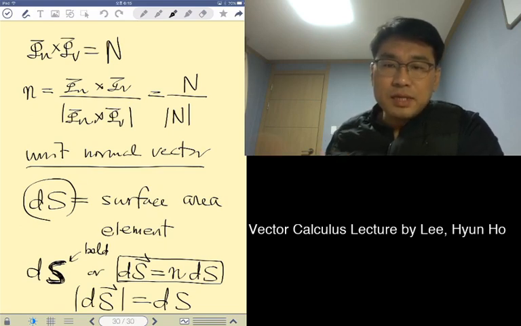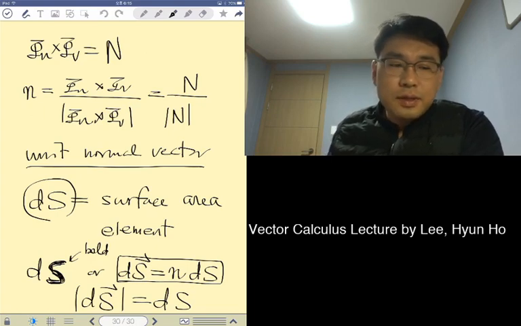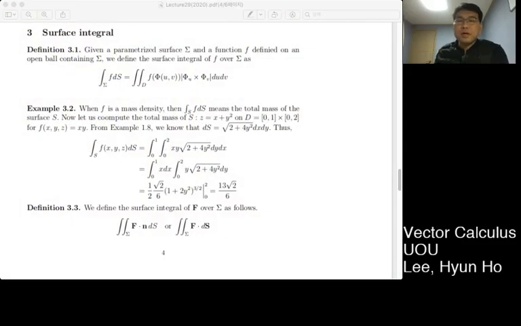Now let's come back to our notes and look at the definition of the surface integral. When you have a parameterized surface sigma and a function defined on sigma, we can define the integral of f over sigma. The notation is f dS over the surface sigma, where we only need the surface area element in this case.